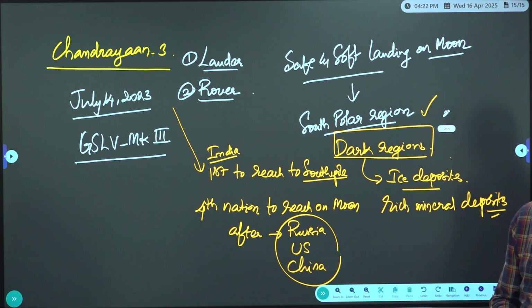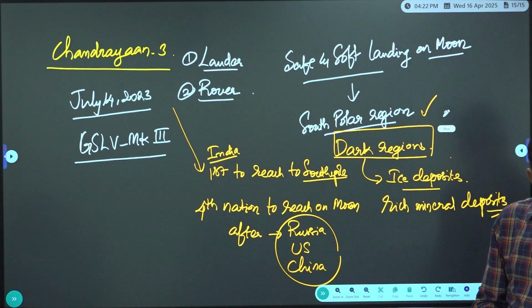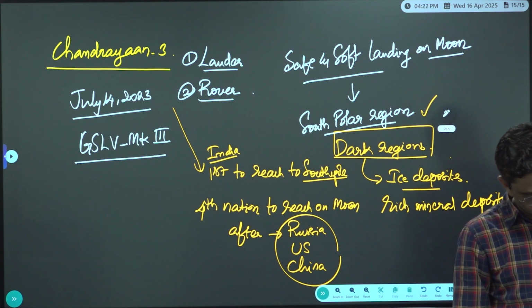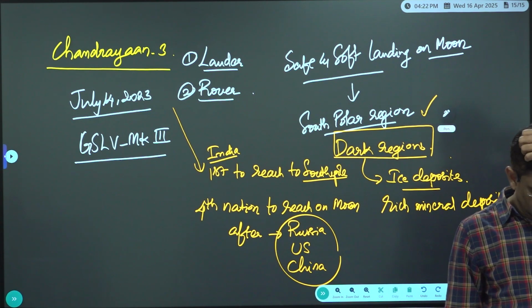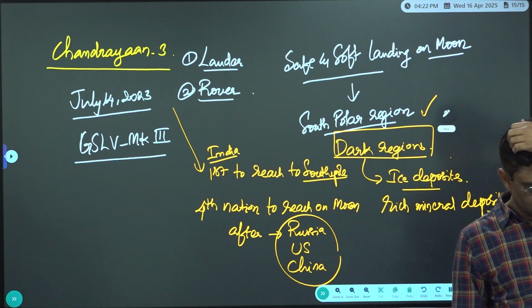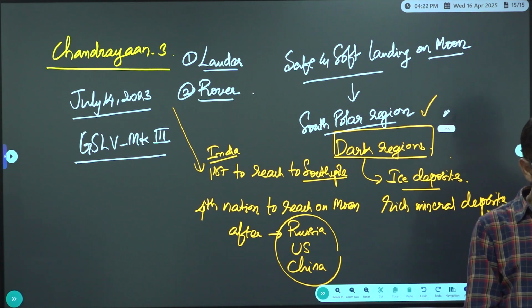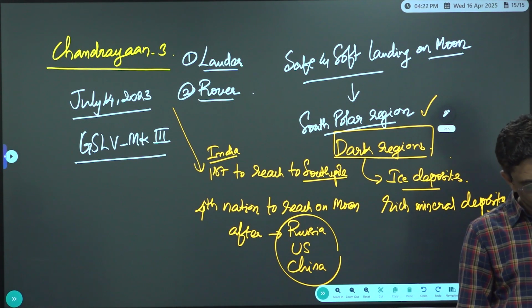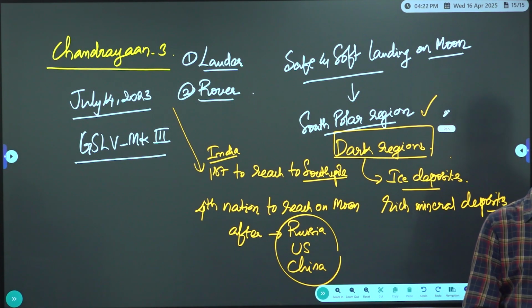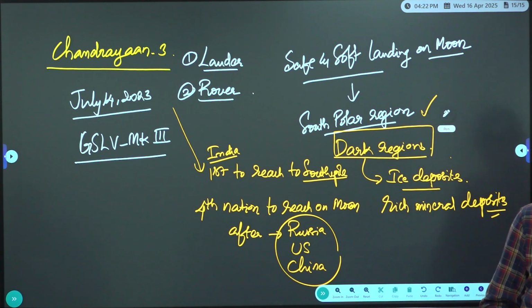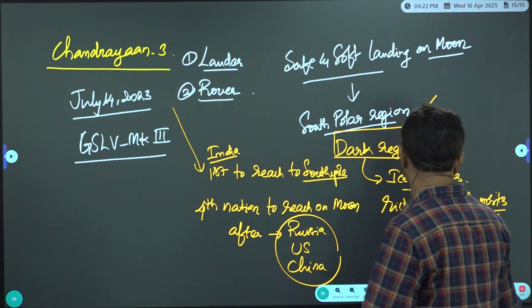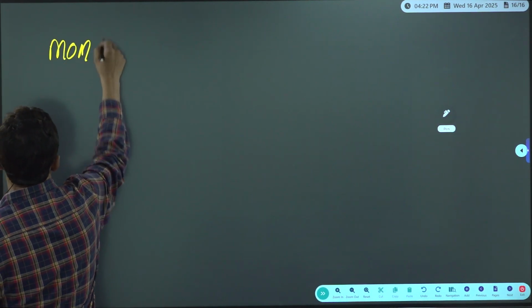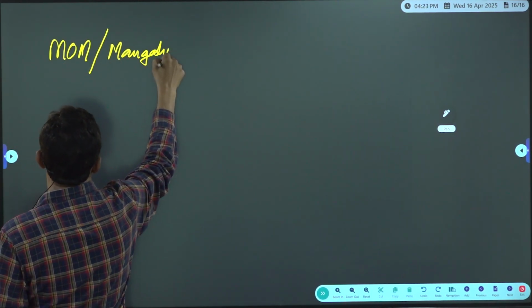Okay, right. Here then, Mars Orbiter Mission, MOM, or it is called Mangalyaan.